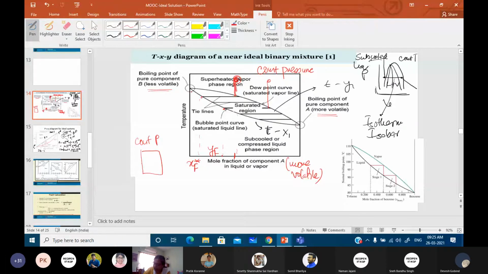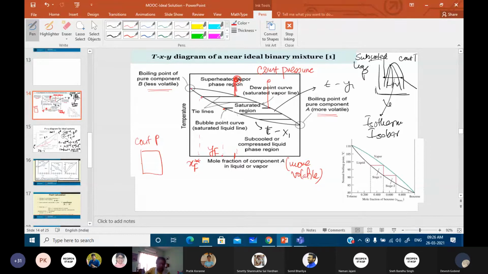So the saturated vapor and the saturated liquid, which signifies the liquid at the point it is about to vaporize, or the vapor exactly at the temperature and pressure where it is about to condense, these two curves start from the boiling point of the less volatile component and end at the boiling point of the more volatile component. Naturally, the less volatile component has a higher boiling point, so it is going to start from this particular portion.